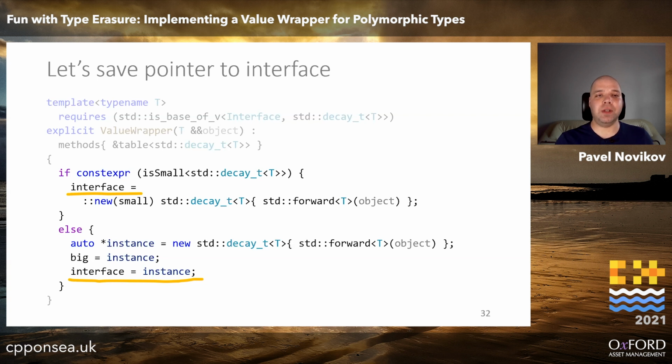We do this in the constructor, very simply, by adding an assignment from the address that we got from placement new in the case of a small object, or the address of the instance in the case of a big object.